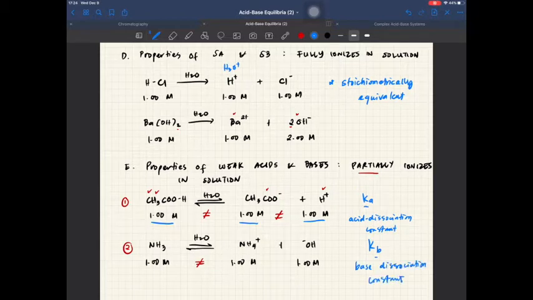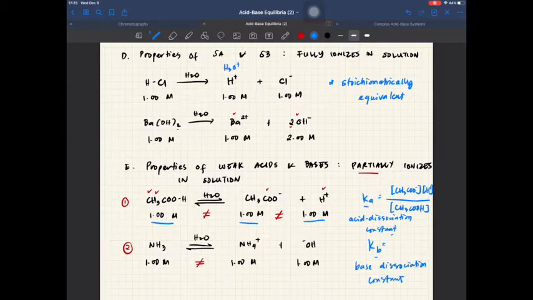The Ka and Kb expression is equal to the concentration in molarity of the ions that are dissociated, for example, acetate ion and hydrogen ion, divided by the concentration in molarity of the undissociated weak acid. Ka is basically the ratio of the dissociated ions and undissociated starting materials or reactants.